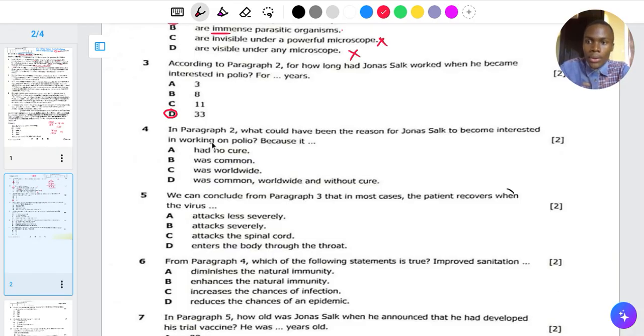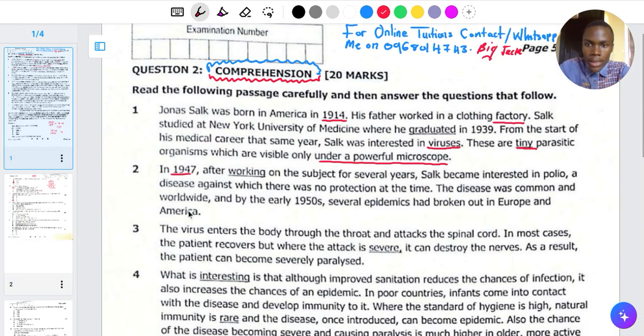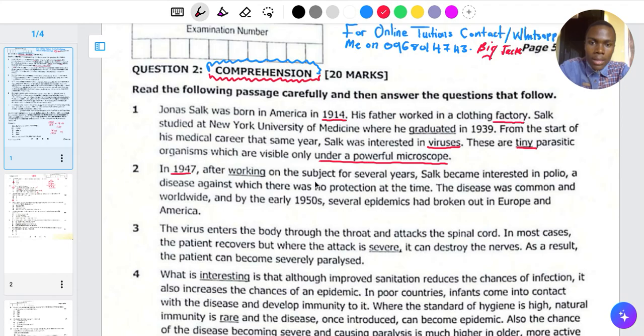The reason why he's interested in working on polio. Paragraph 2 says, in 1947, after working on the subject for several years, Salk became interested in polio, a disease against which there was no protection at the time. Now, the disease was common. That's the reason why he's interested in working on that one, and worldwide, according to what we can see here.